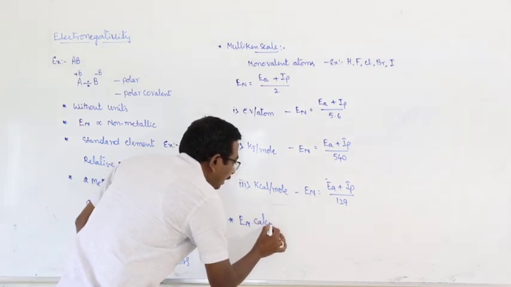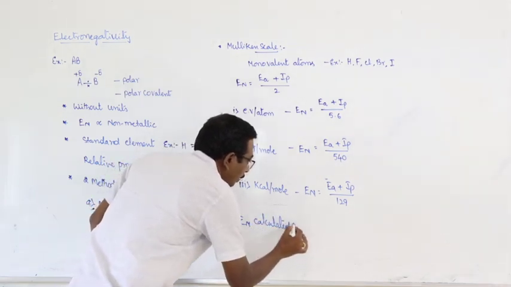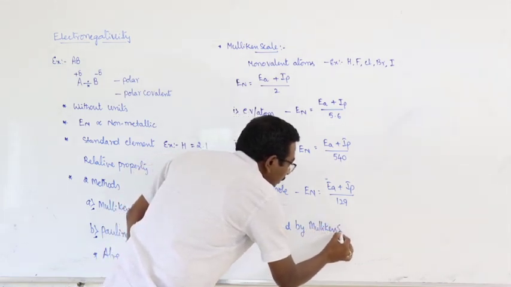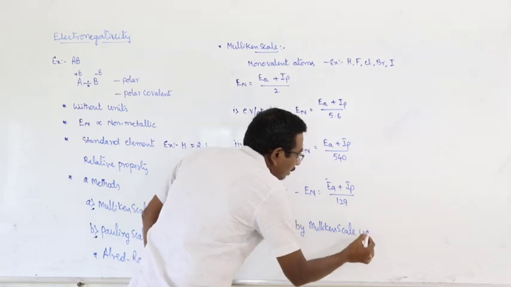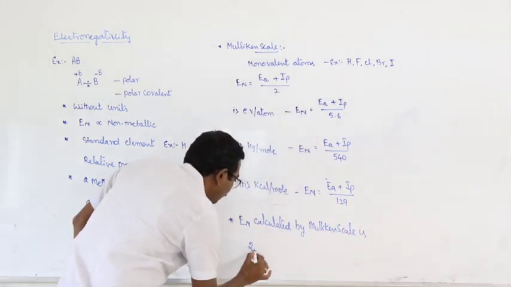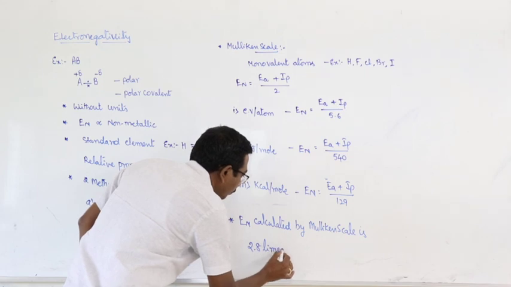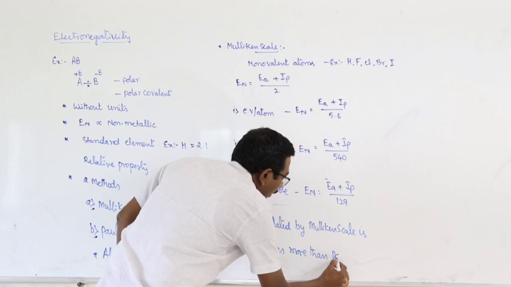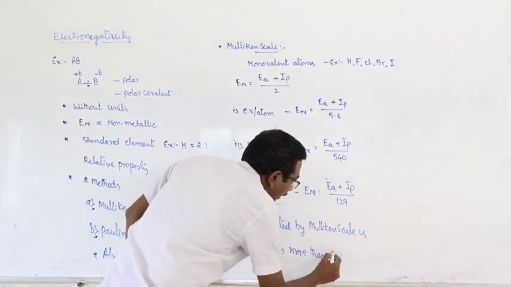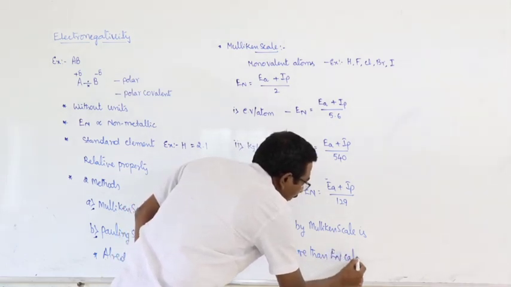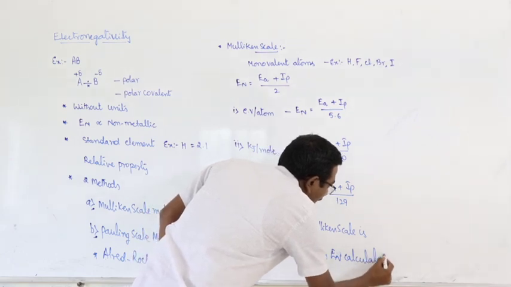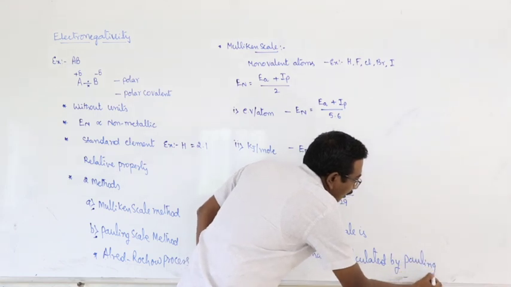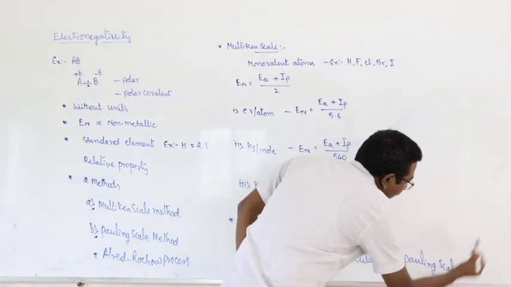Electronegativity calculated by Mulliken scale is 2.8 times more than electronegativity calculated by Pauling scale.